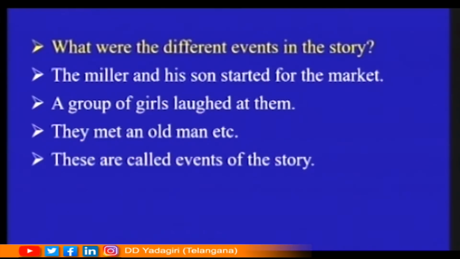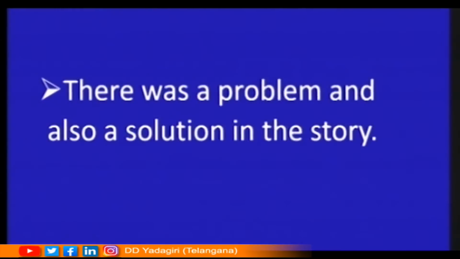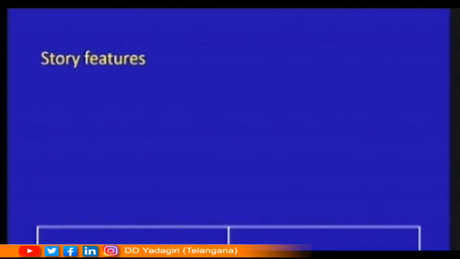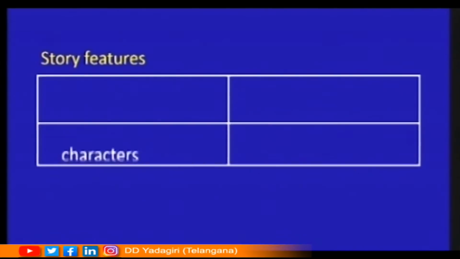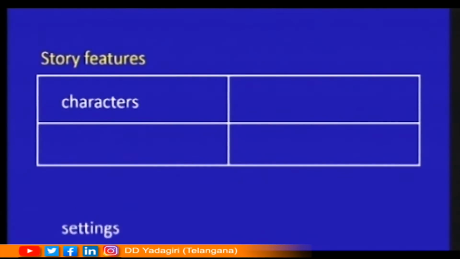Now, let's see the problem. There was a problem and also a solution in the story. Now, let's see important features of the story. Look at the screen, children. Story features. We have characters in the story.